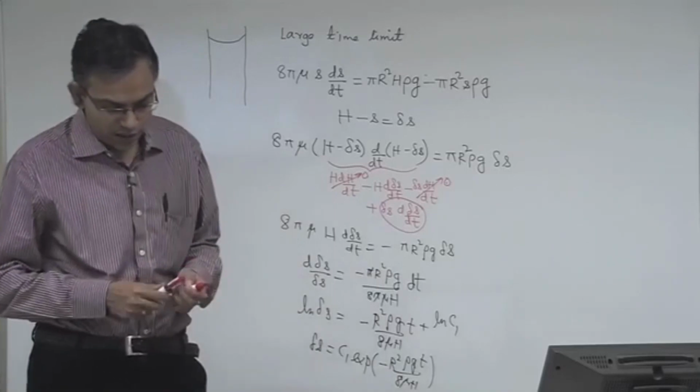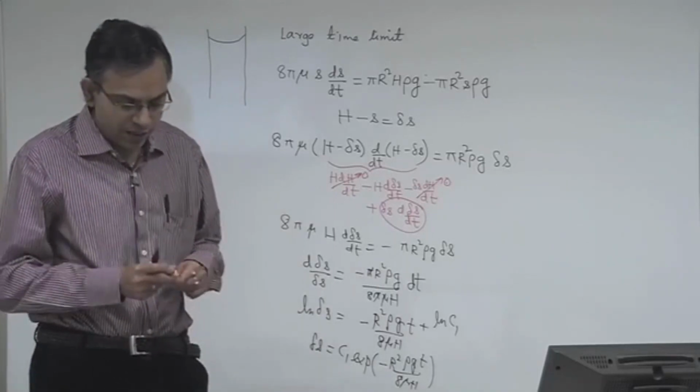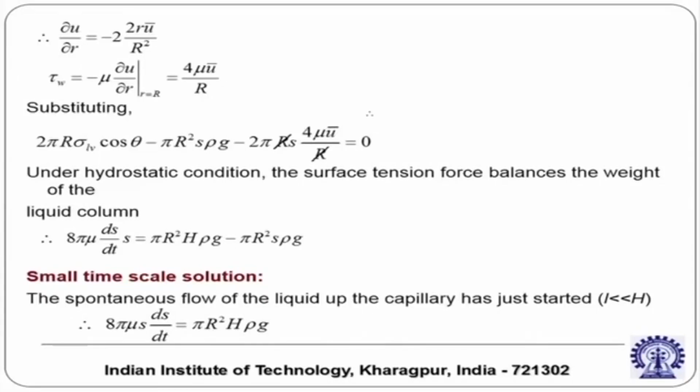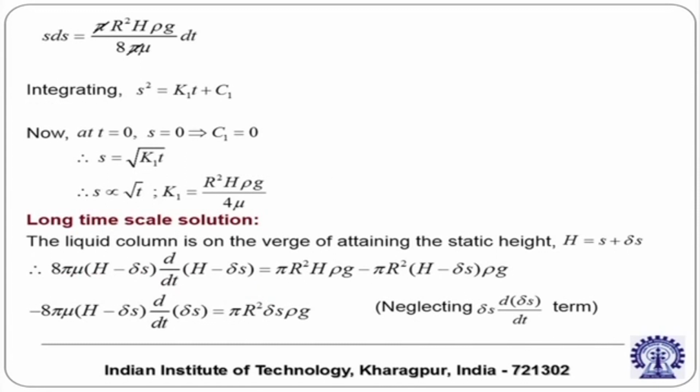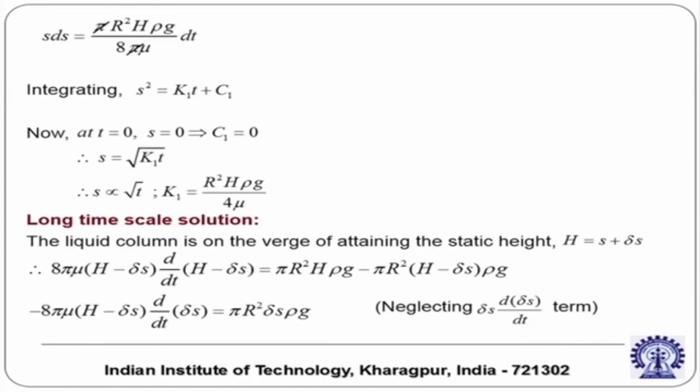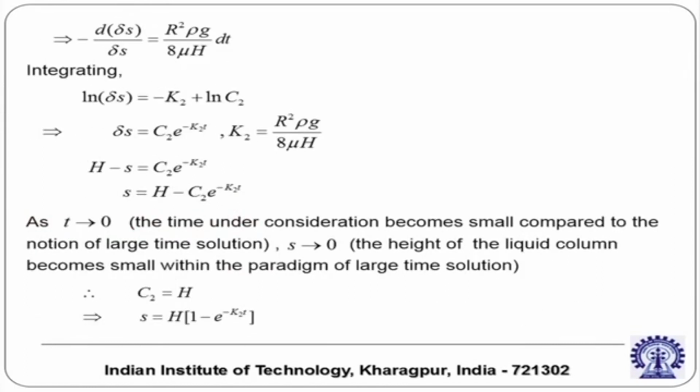We will summarize this discussion on the large time limit through the slides. In the slides maybe there is a different notation, instead of C1 it is C2 that is used, K2 whatever, but the form is pretty clear.